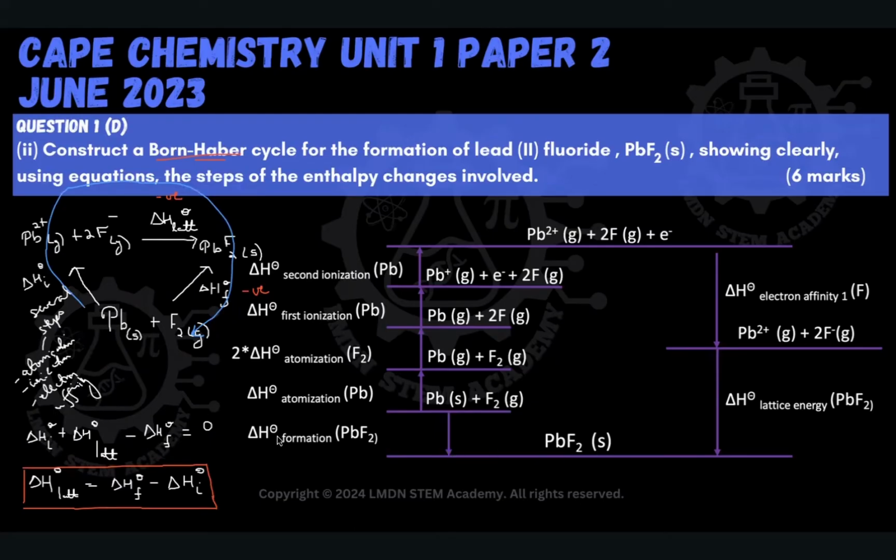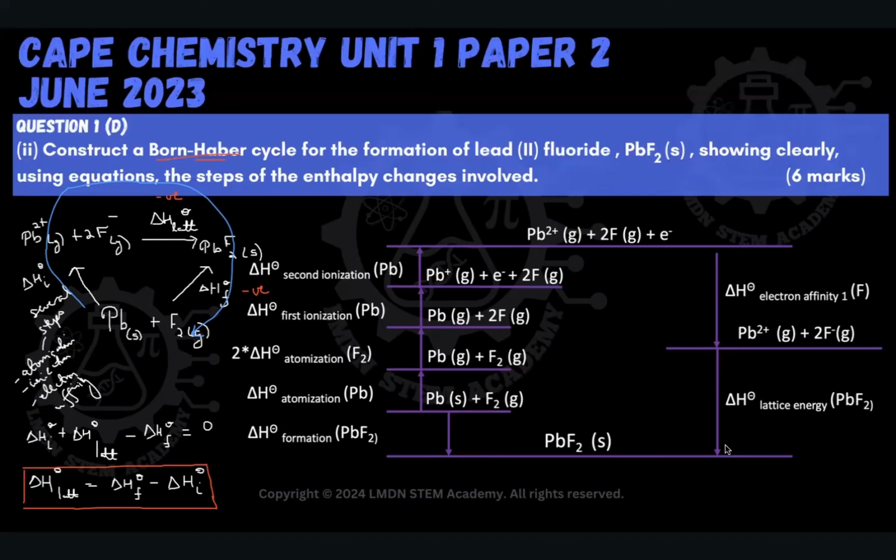So that's our ΔHf°, and that's exothermic, so we show the arrow pointing down. The lattice energy, as we said, is when we're putting the Pb2+ in the gas phase together with the 2 moles of the F- in the gas phase. When we put those two together and form the PbF2 solid, that's our lattice enthalpy. And that's also exothermic, as we said, and so we show that arrow pointing down.